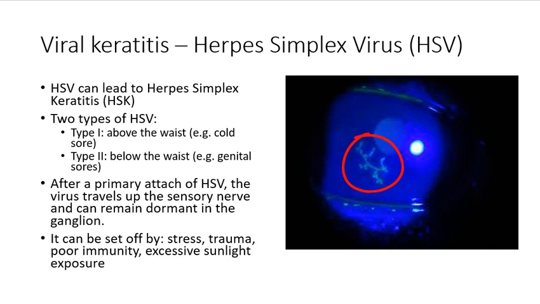Now, this condition is usually unilateral, and will only affect the corneal epithelium. So luckily it doesn't leave the patient with a scar. You can treat this herpes simplex keratitis with antiviral drugs, but in this subject we don't focus on treatment at this stage.